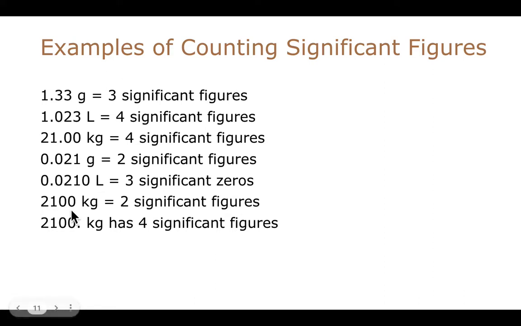But we really can't tell for certain whether this is estimated, this is estimated, or this is estimated, so we don't count it. Now notice, this one has the decimal place put in. That is telling you that this trailing or final 0 is significant. A trailing or final 0 with a decimal place in the number, like this one, does count. So we have 4 significant figures here.